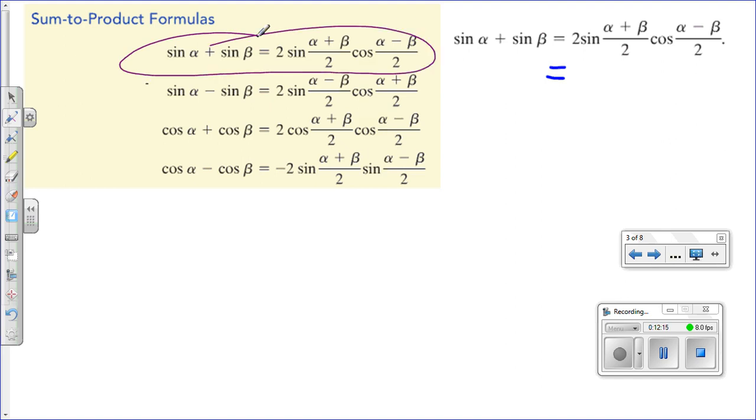So what I'm going to do is make this right side look like the left side, like we do with identities. In this case, I'm going to use a little trick in math, which is to multiply by 1, or divide by 1. You could use several different combinations that will equal 1, such as 2 times 1/2.